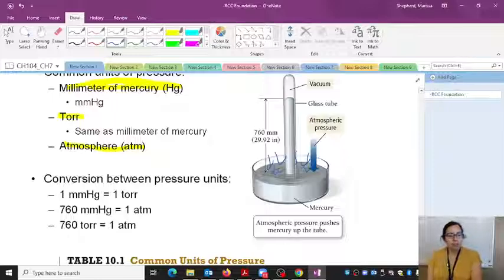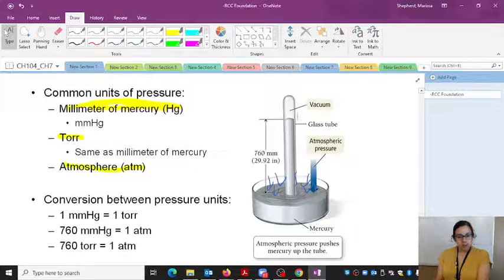The force of those collisions drives the mercury up into the glass tube until it reaches the height associated with whatever pressure. In this case, what's being shown here is 760 millimeters of mercury. So that's how tall this would be, measuring from the base to the top of the meniscus there.